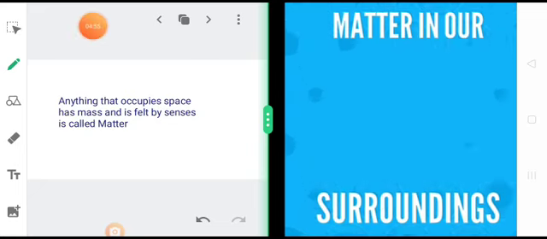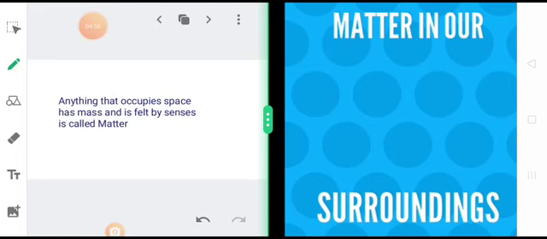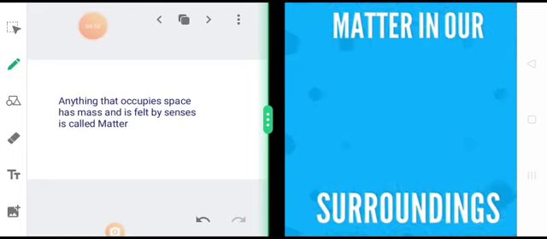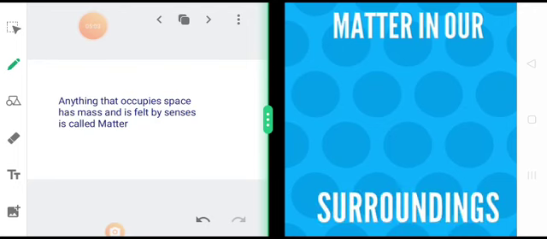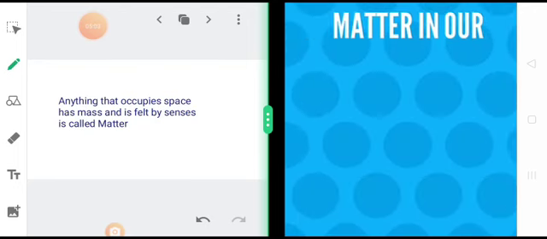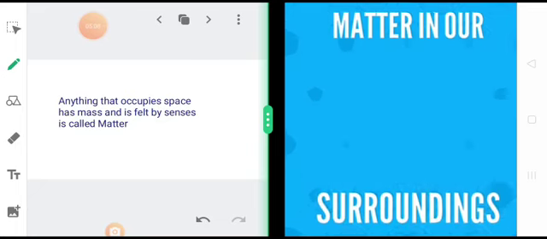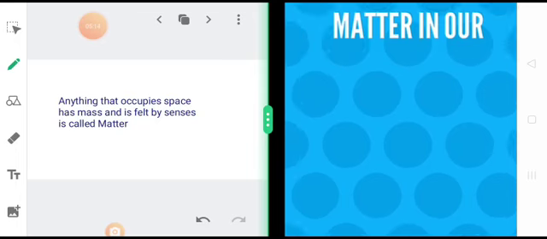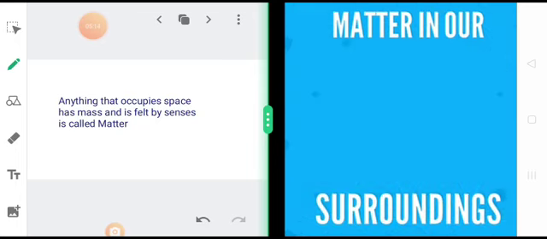Now, you might wonder how this entire concept of matter came into existence. You will be surprised to know that even Indian philosophers tried to give a lot of information regarding matter. They thought that every substance, every object is actually made up of five basic elements.